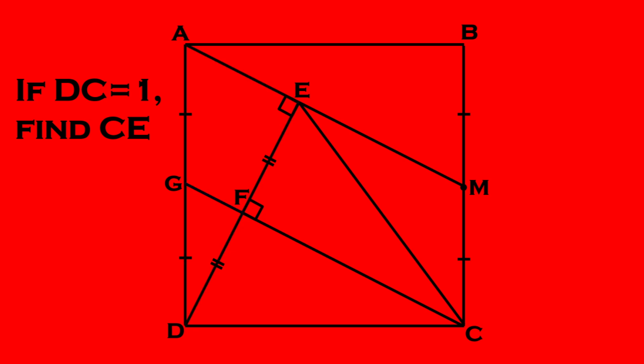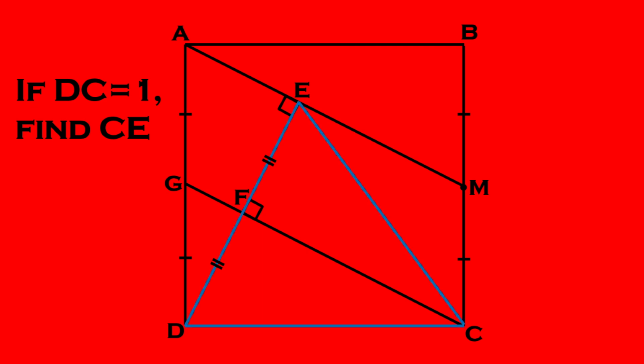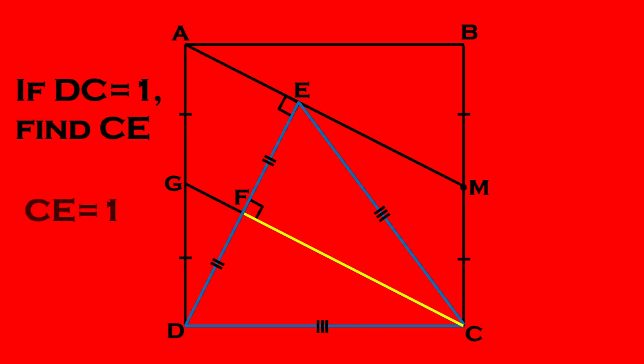Therefore, for the blue triangle, we have proven that the altitude CF is also a median, and therefore CE will be equal to CD. So CE will be 1.